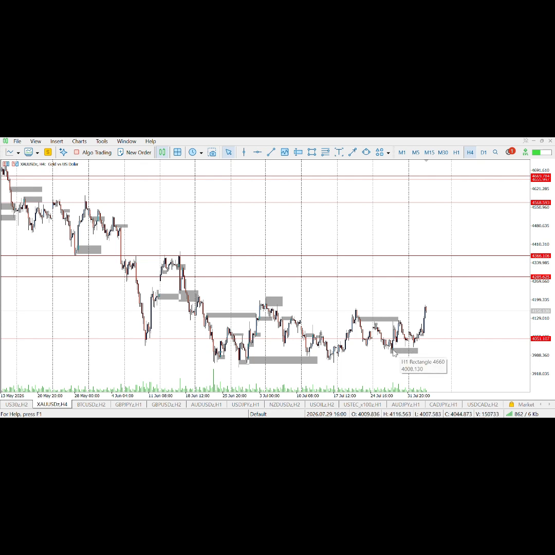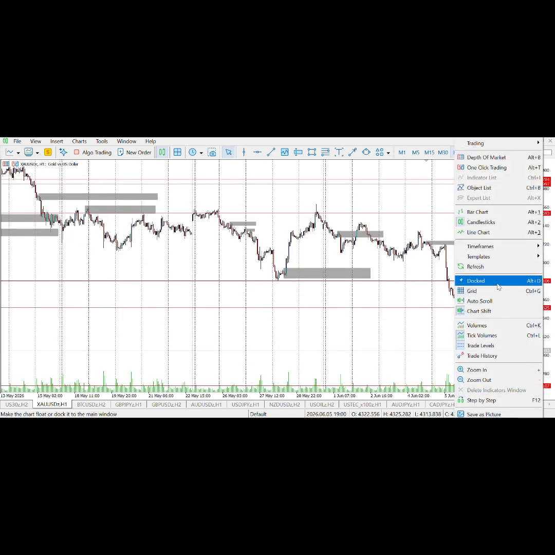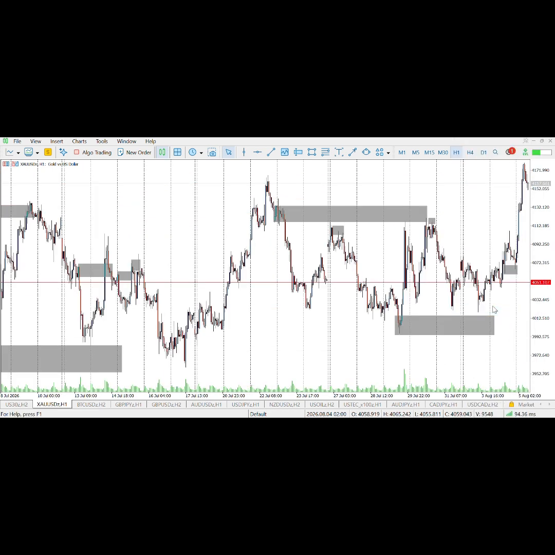But this last week, after my analysis, I discovered that we are shifting to an uptrend. That's when I found this zone here. We were just a few pips from touching it, but we didn't join in the move.